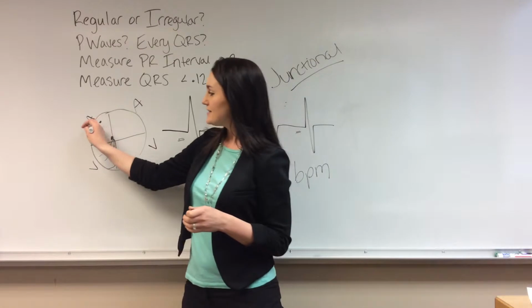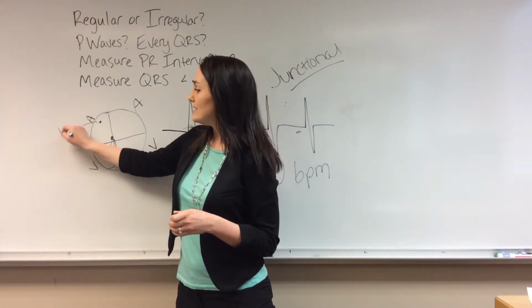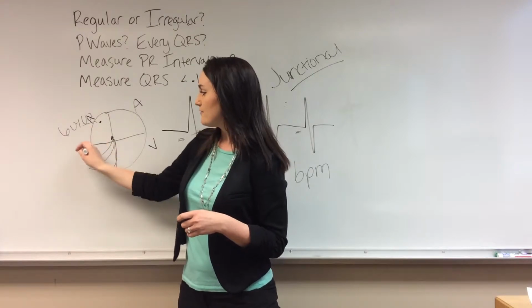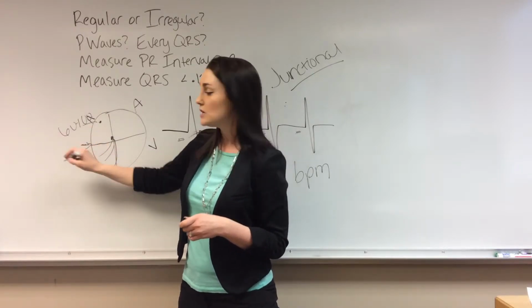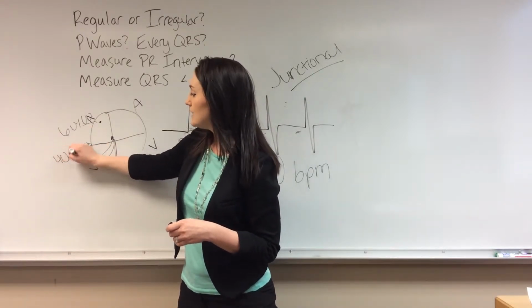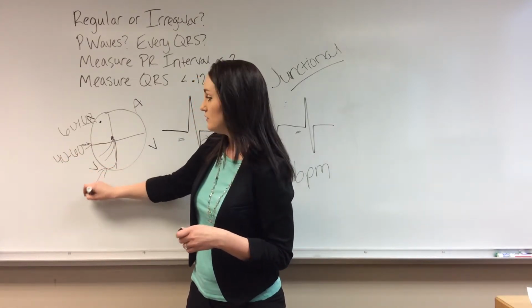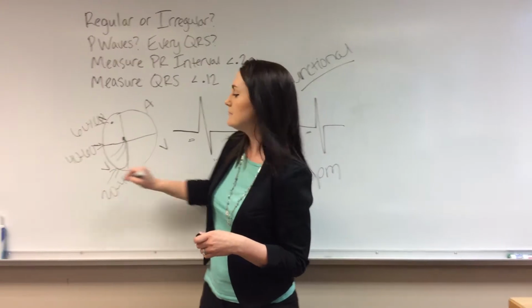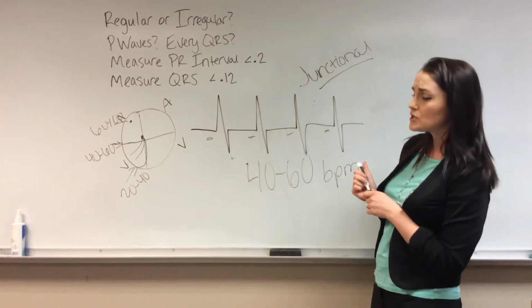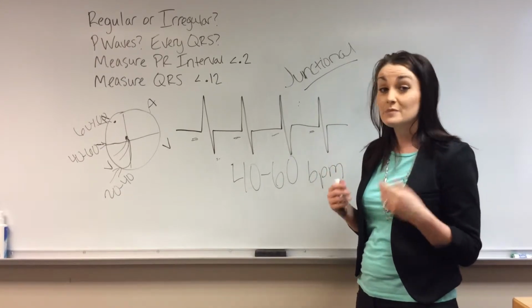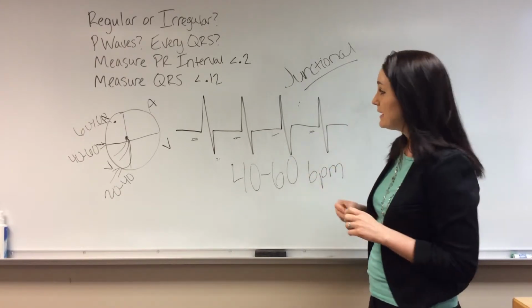If it comes from the SA node, then our rate is 60 to 100. If it's coming from the junctional, 40 to 60, and then if that fails and it comes from the ventricle, we have 20 to 40. And so the junctional rate normal is going to be 40 to 60 beats per minute.